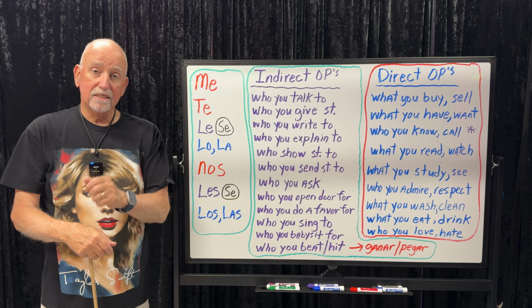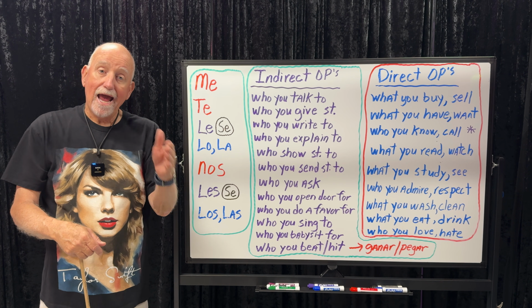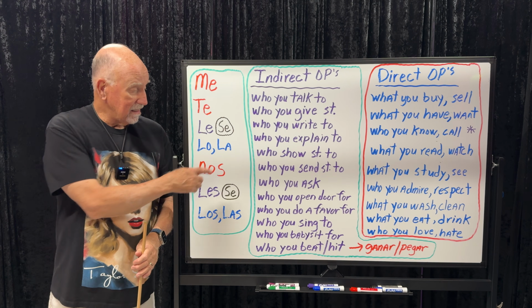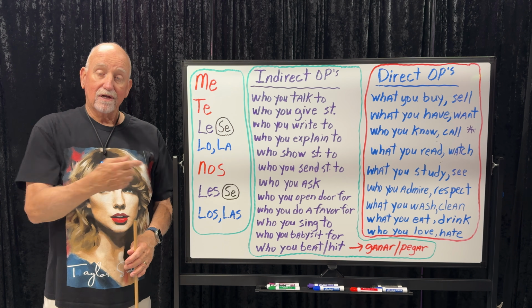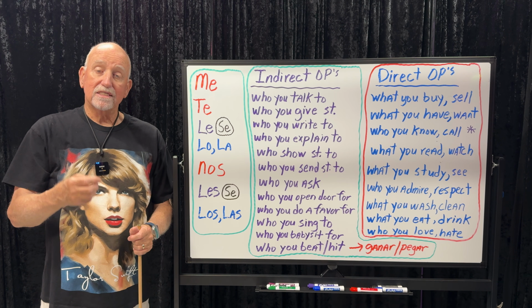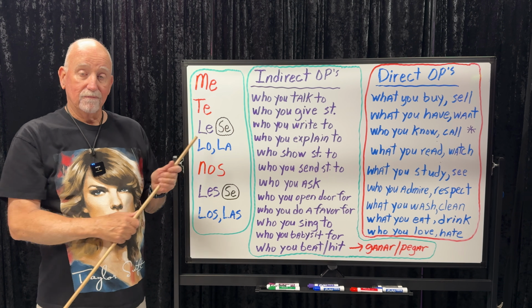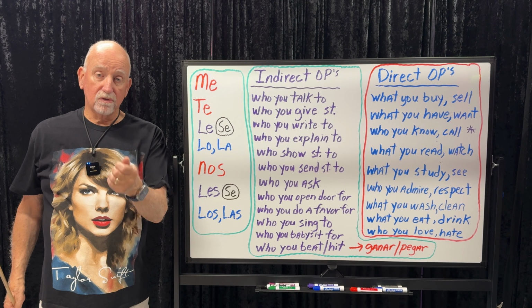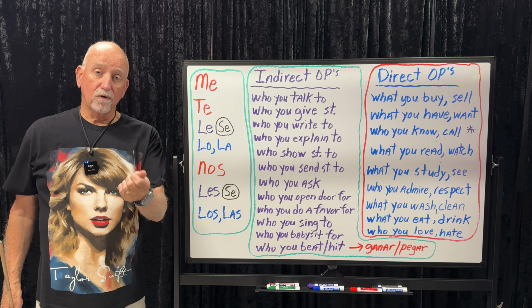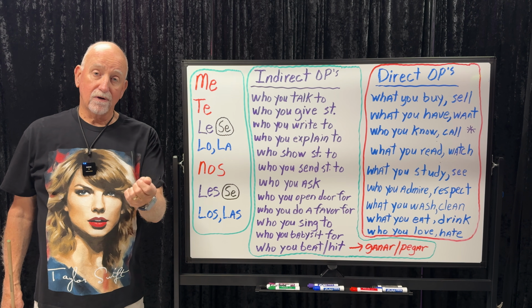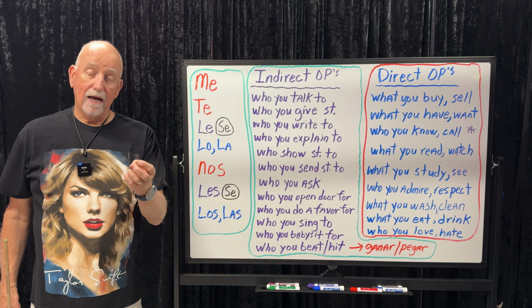Okay? You don't say I shout her, I shout at her. Le grito. You can't say la grito. I shout it or I shout her. No, I shout at her. Le grito. So in translation, le means to her or to him, for him or for her, at him or at her, or on him or on her.